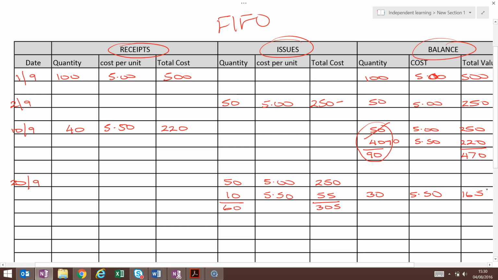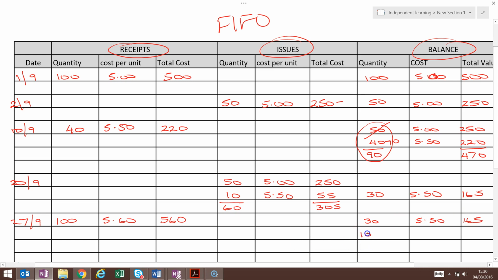And finally, 27th September, another receipt, 100 units, £5.60, £560. Okay, so remember, in your balance column, we don't just put 130 units, which is what we've got. We show how those 130 units are made up. So at the 27th of September, what do we have in stock? Well, we have 30 units that we paid £5.50 for.